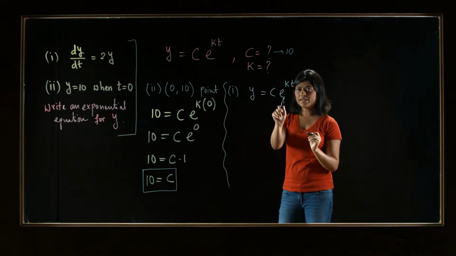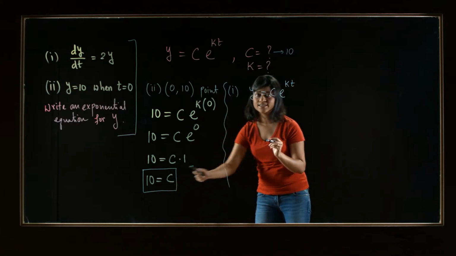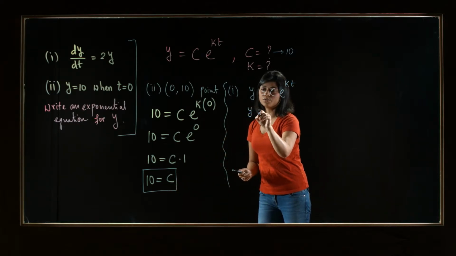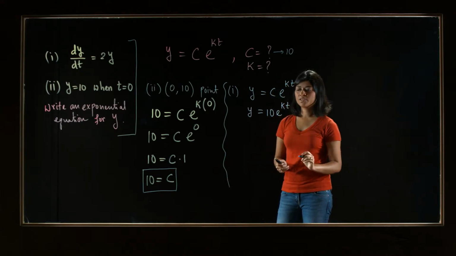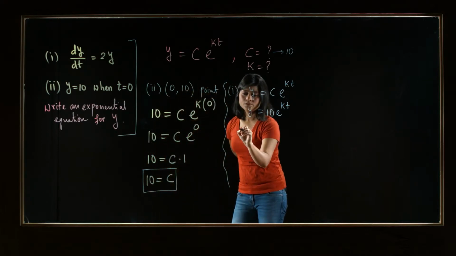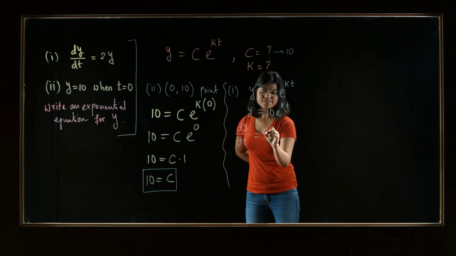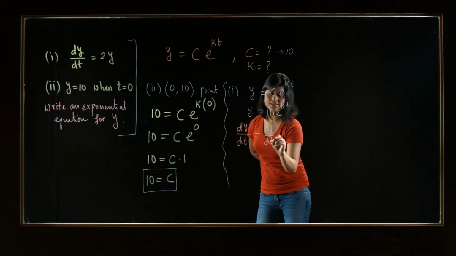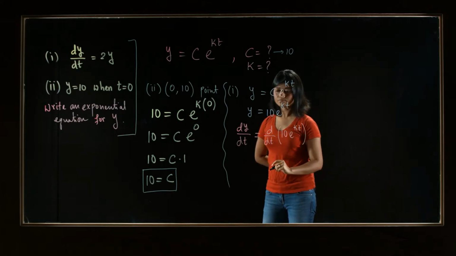Now let's rewrite this equation one more time since we already know what our c is. So this is y equals 10 e to the kt. The next step, let's take the derivative. On the left hand side we have dy/dt. On the right hand side we'll have d/dt of this entire expression.